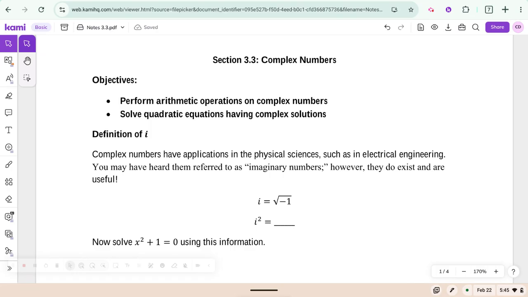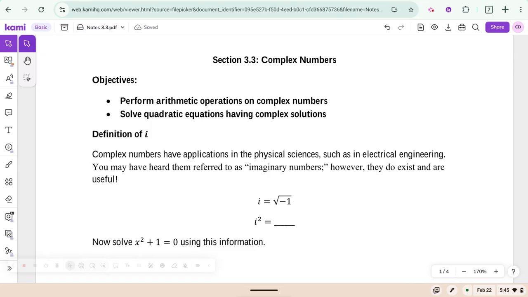Complex numbers have applications in the physical sciences, such as in electrical engineering. You may have heard them referred to as imaginary numbers, and even mathematicians believe that this is a little bit of an unfortunate name.